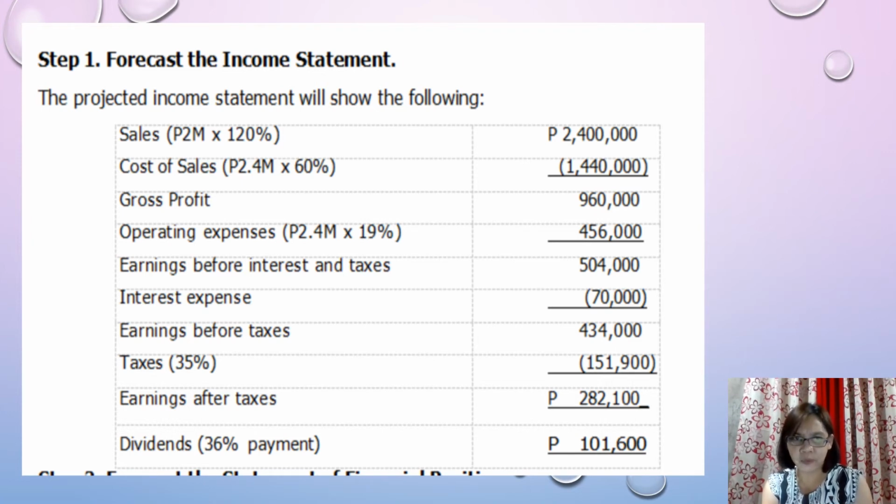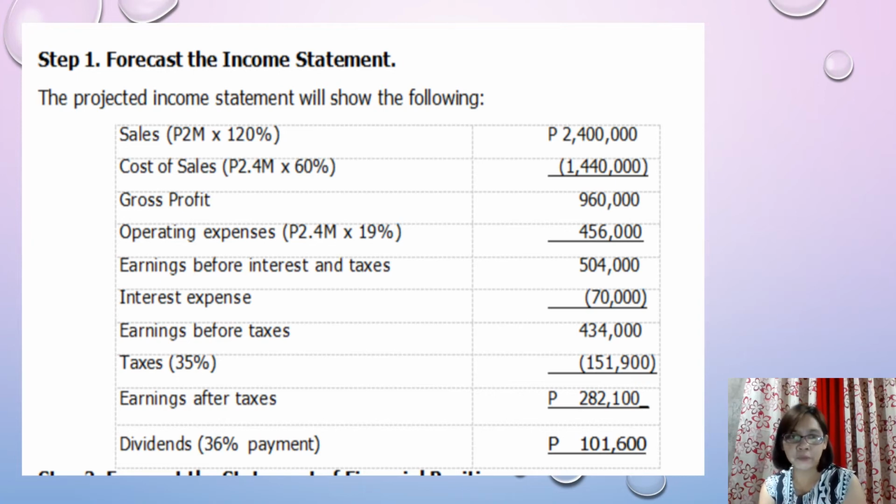Okay, earnings before interest and taxes, 504,000. So, ililess lang natin yung 456,000 sa 960,000. Yung gross profit, less po sa operating expense to get the earnings before interest and taxes.